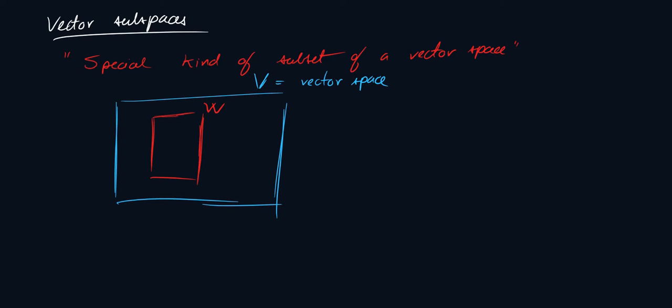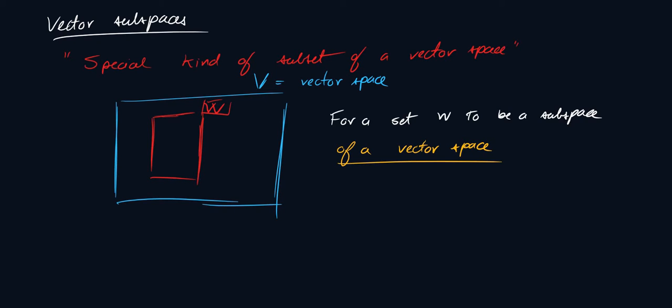For a subset to be a subspace of a vector space, it needs to follow three specific conditions. Already the first thing that needs to happen is that for a set W to be a subspace, it can't just be a subspace, it needs to be a subspace of a vector space.